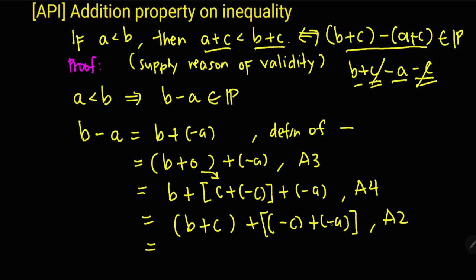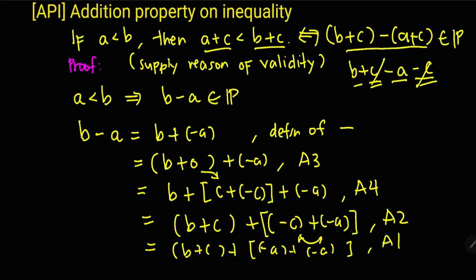But by commutativity, I can interchange the position of negative C and negative A. So I have B plus C plus, instead of negative C plus negative A, I can write that as negative A plus negative C. Again, this is because of commutativity.